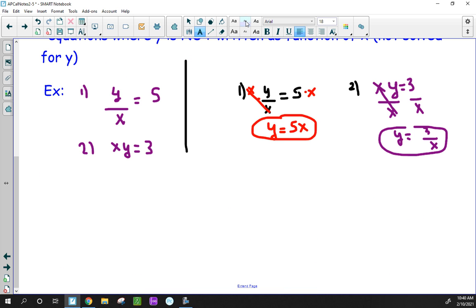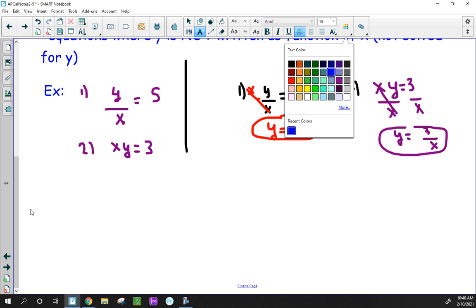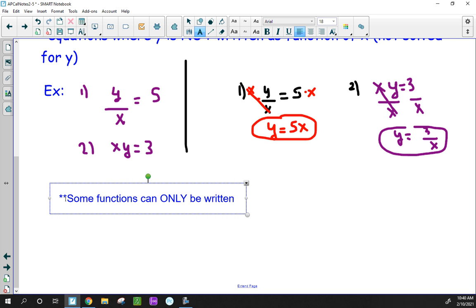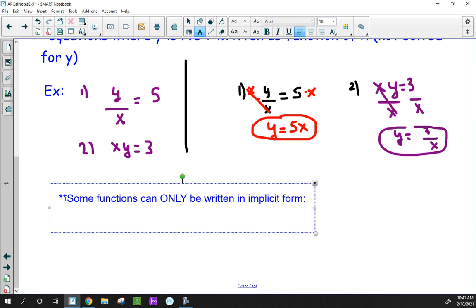An example of that would be x to the third minus 5y to the second plus 10y is equal to 3.